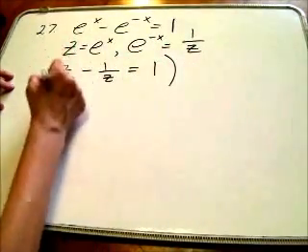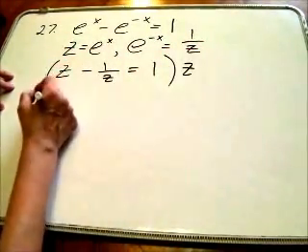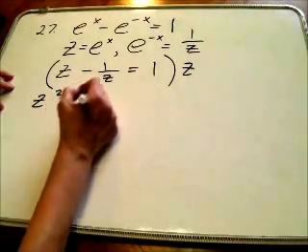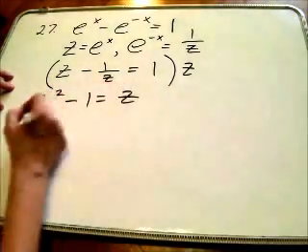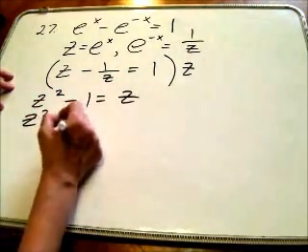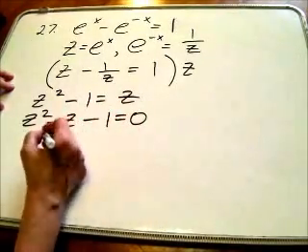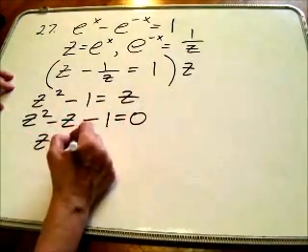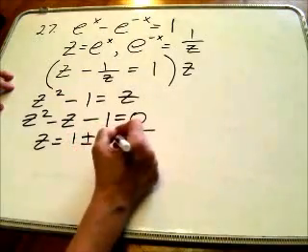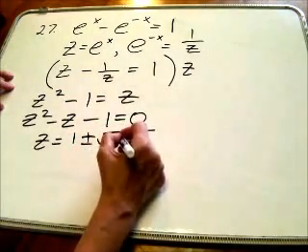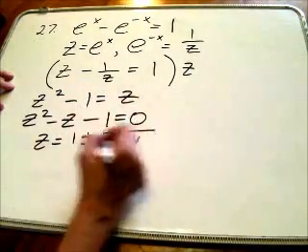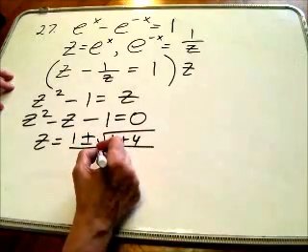And then it's straightforward. We multiply by z, we get z squared minus 1 equals z. Bring everything to the left. And then this doesn't factor, so we use the quadratic formula, 1 plus or minus the square root of 1, and then that'll be plus 4, so we end up with the square root of 5 over 2.